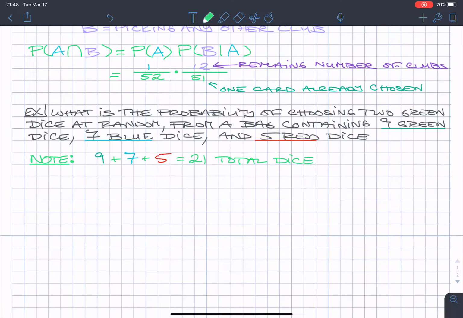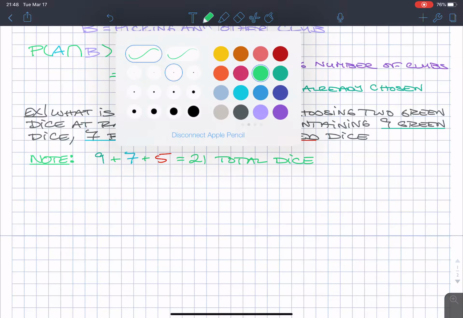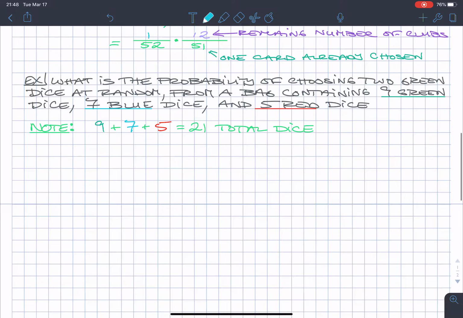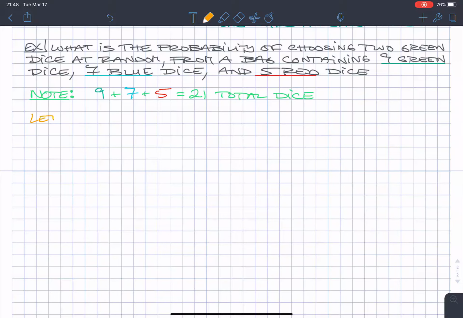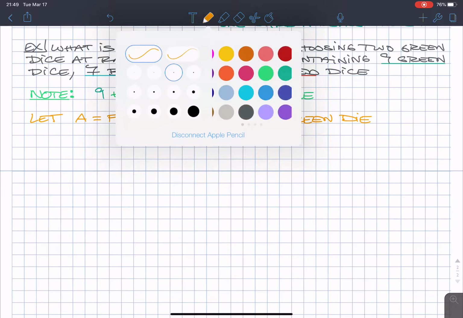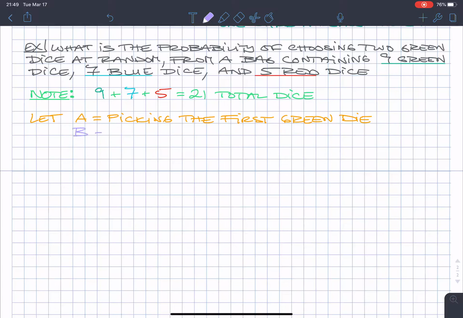So now I can figure out my probability. First I need to decide what colors to use. So let event A be picking the first green die, and let event B be picking the second green die.